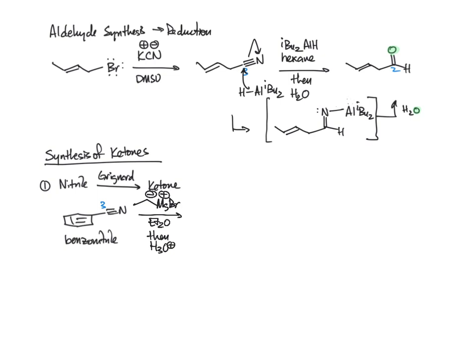So what's happening? Nitrogen's delta minus, this carbon's delta plus. This negative charge attacks here. The sp hybridized carbon then changes to sp2. So we actually sit at this intermediate.